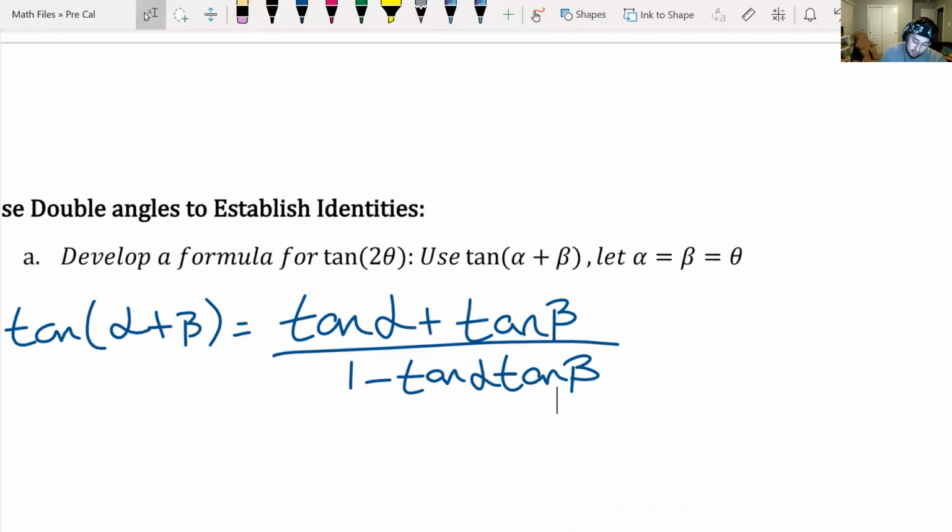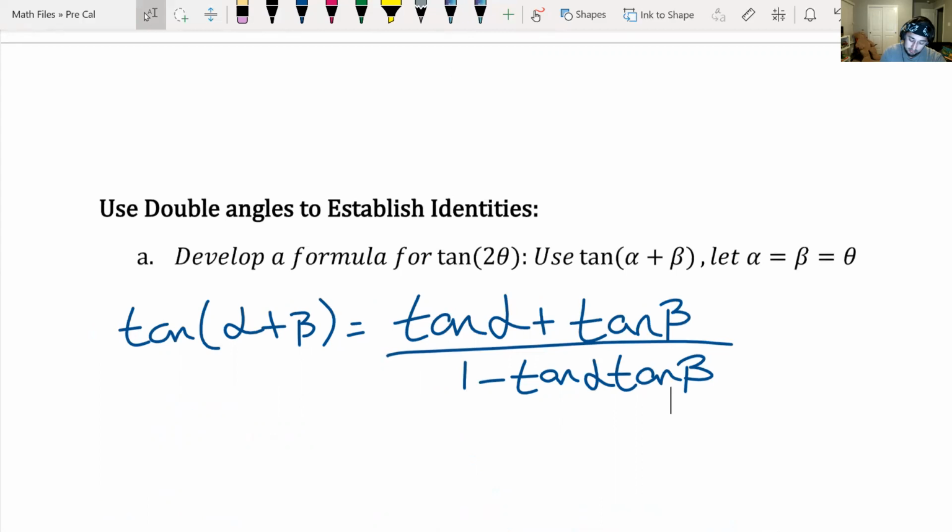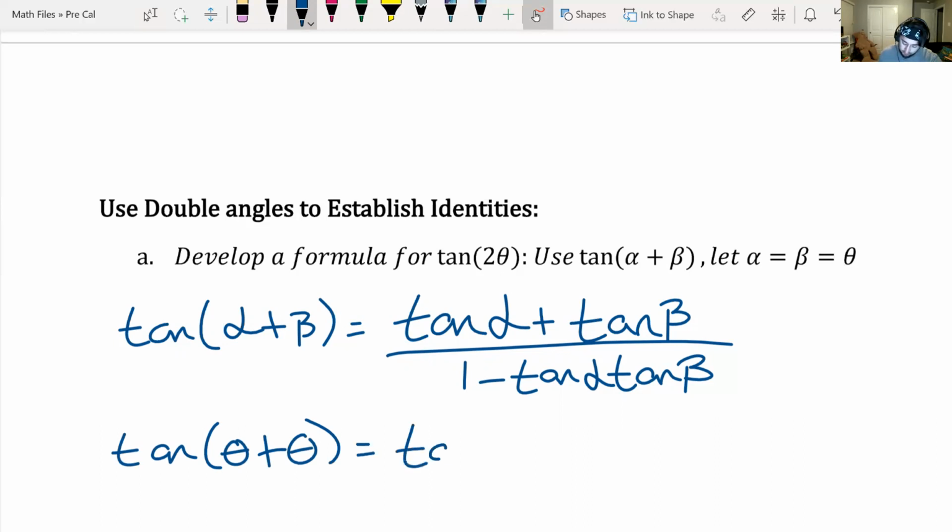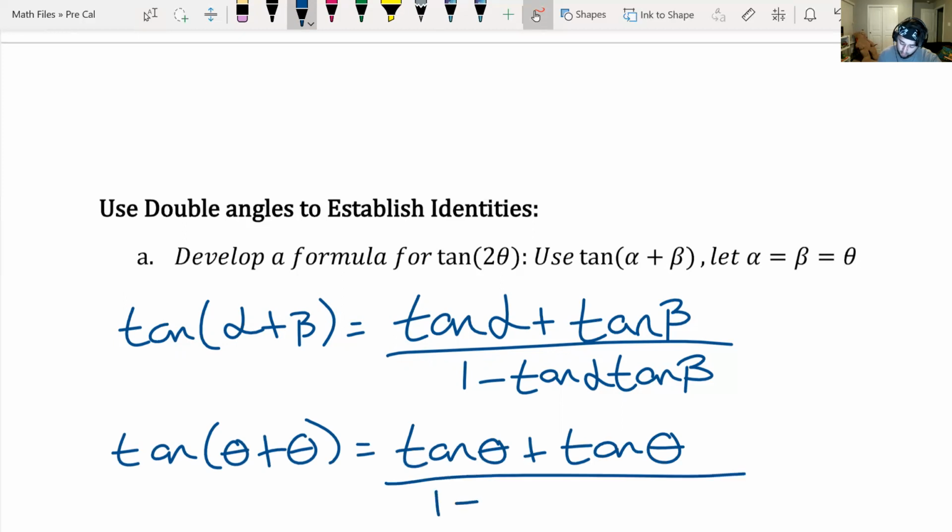Okay, now again, we're going to use the equality property. Alpha and beta are both equal to theta. So plug in theta for all of this. So we get tangent theta plus theta equal to tangent theta plus tangent theta over 1 minus tangent theta times tangent theta.